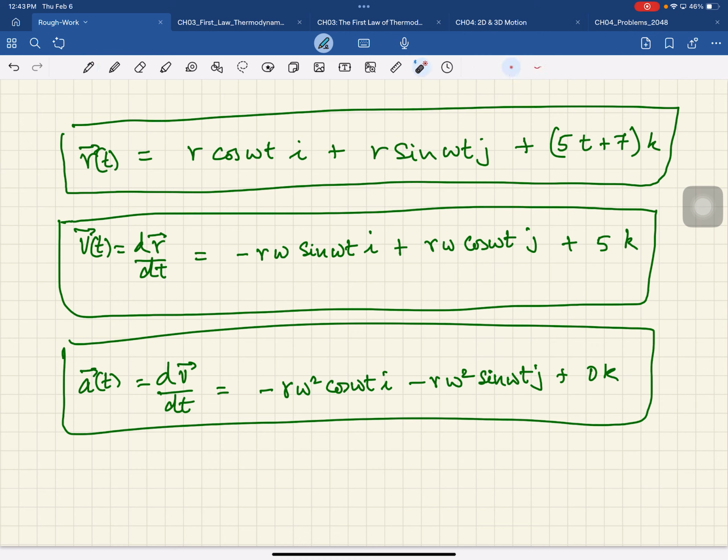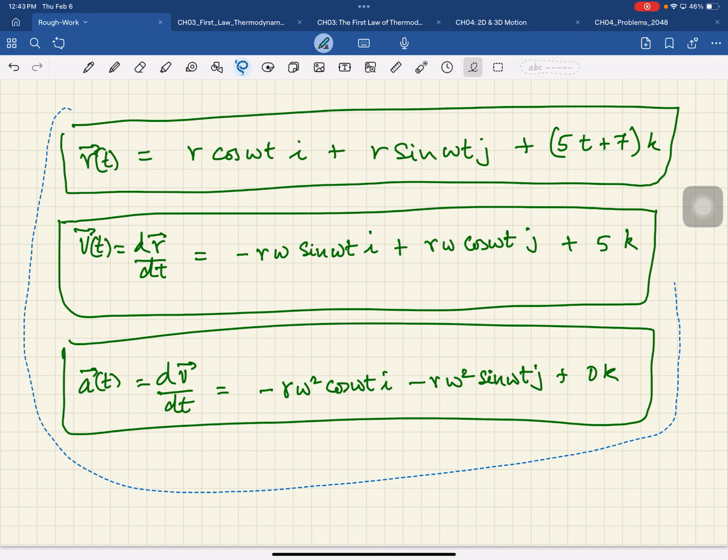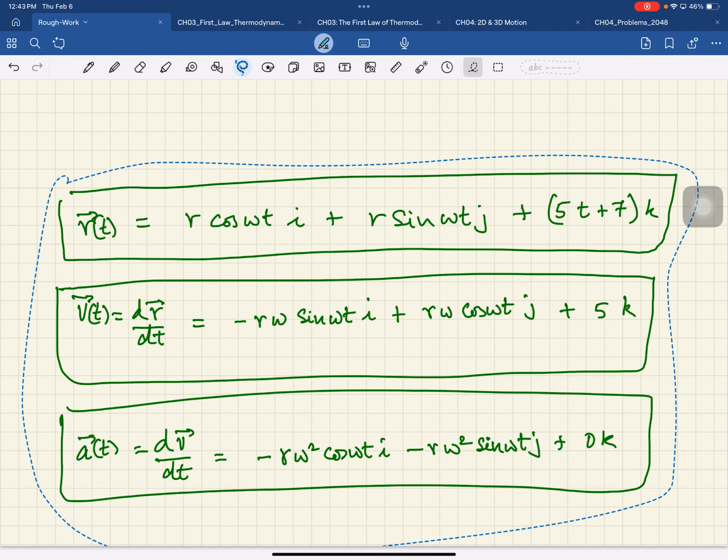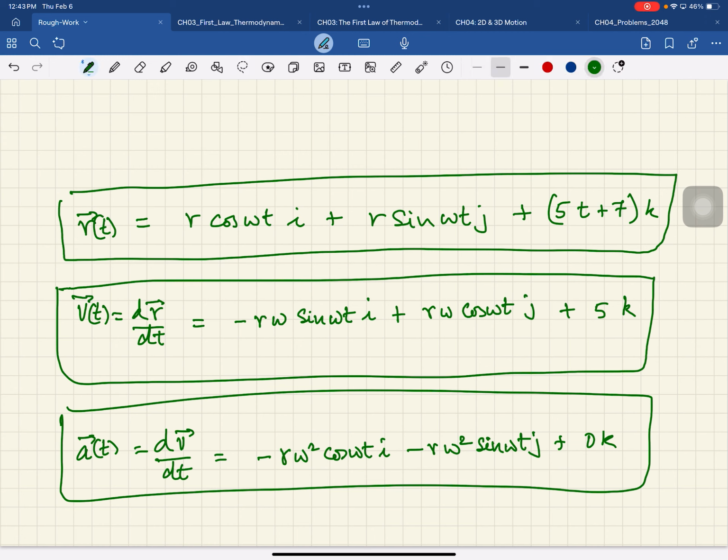You want to describe a three-dimensional motion, you give me these three functions.